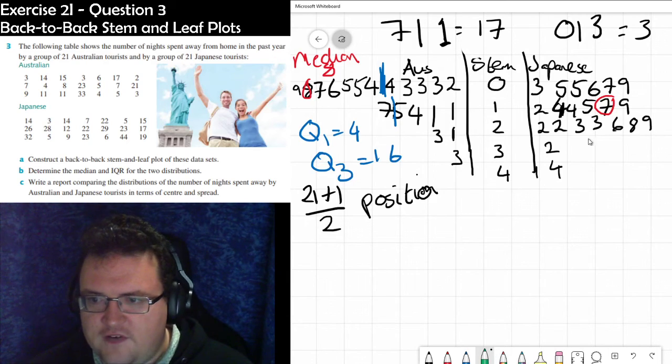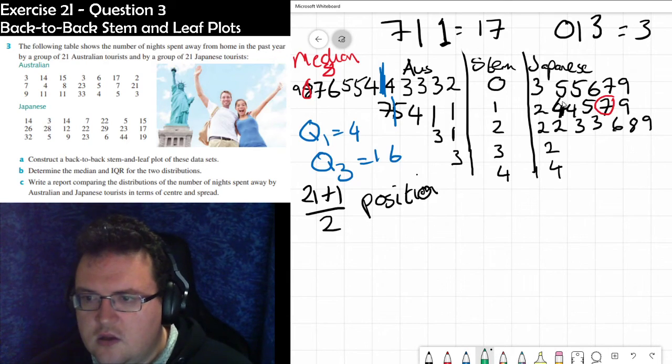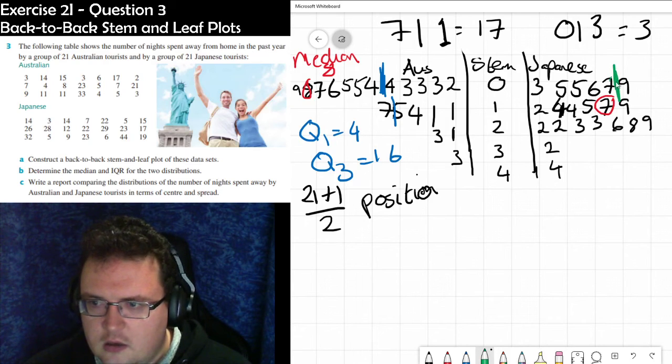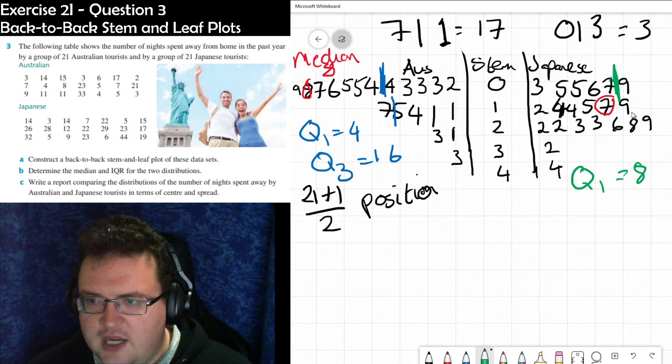And then on the left-hand side, top half of my data, 5th and a half position, it is between 7 and 8. That means that my Q1 is just going to be 8, and my Q3 is going to be 3, 4, 5, halfway between 23 and 26.